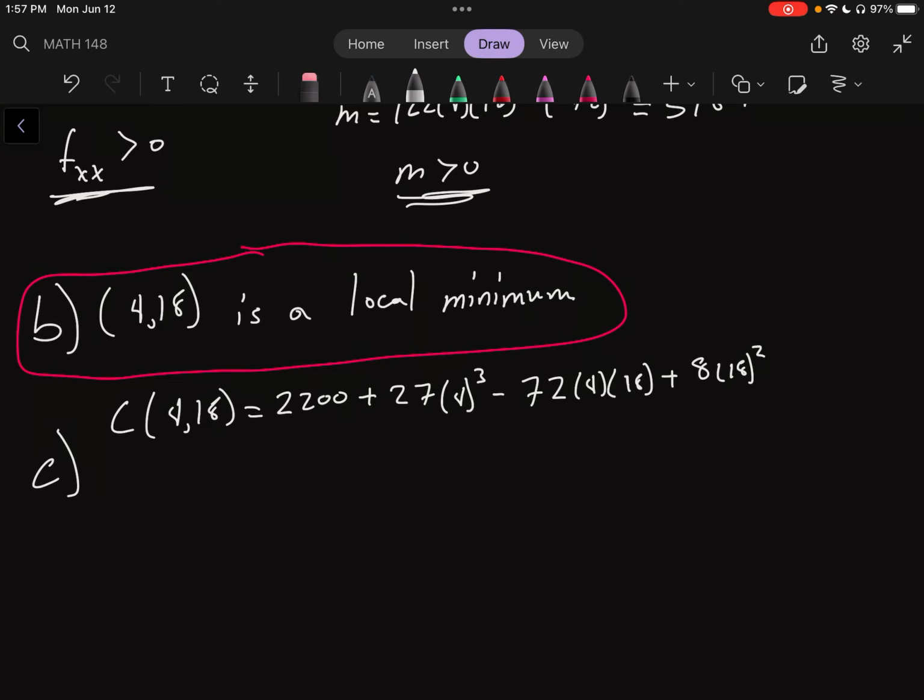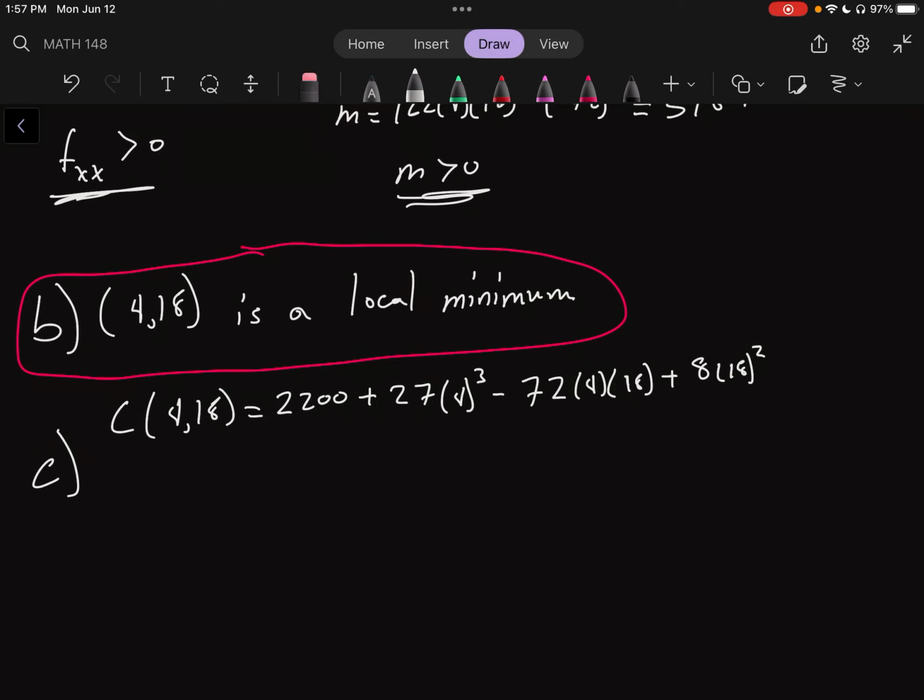Now I'm going to plug this function into Desmos: 2200 plus 27 times 4 cubed minus 72 times 4 multiplied by 18 plus 8 multiplied by 18 squared.